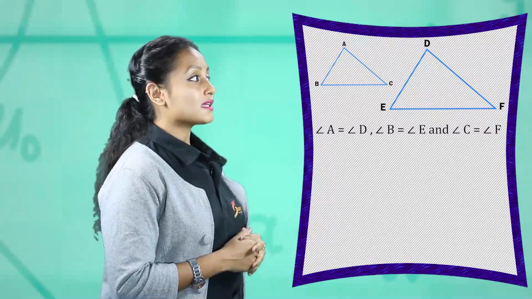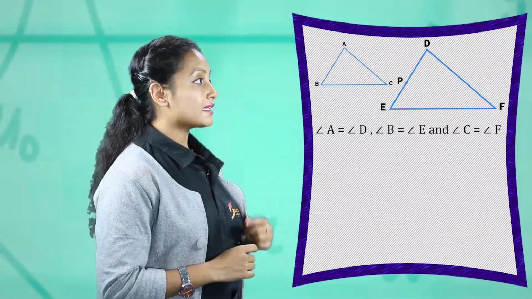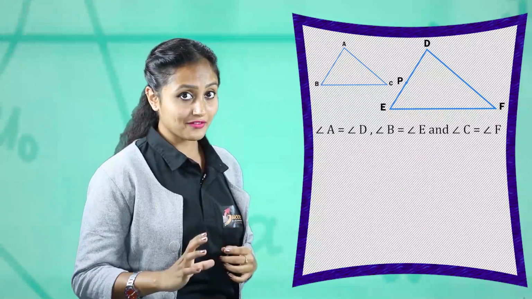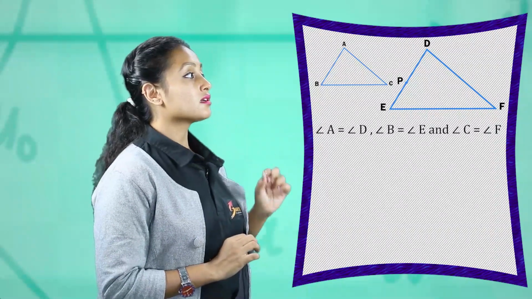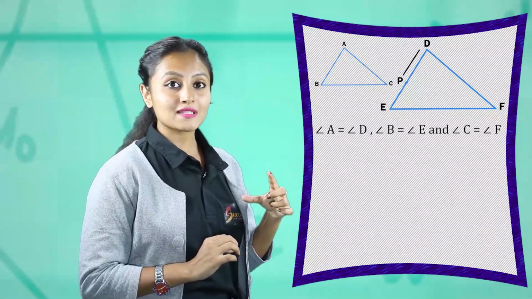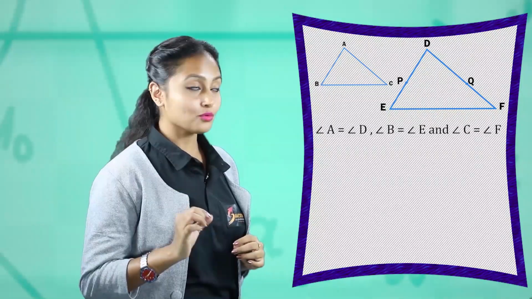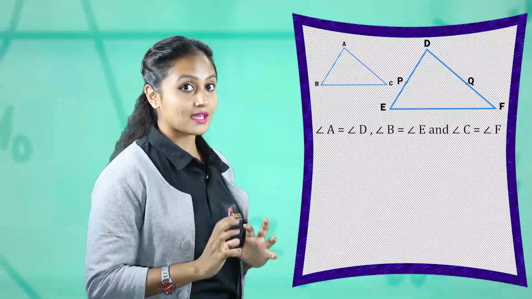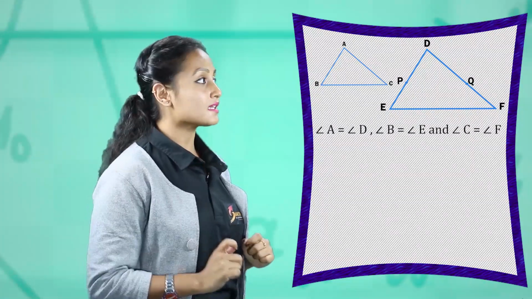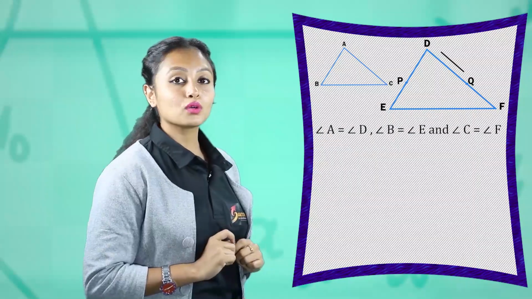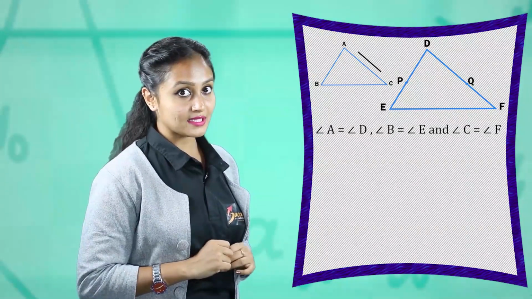Now consider a point P on the line DE of triangle DEF in such a way that DP measures the same as AB. Now mark a point Q on the line DF of triangle DEF in such a way that DQ is equal to AC of triangle ABC.